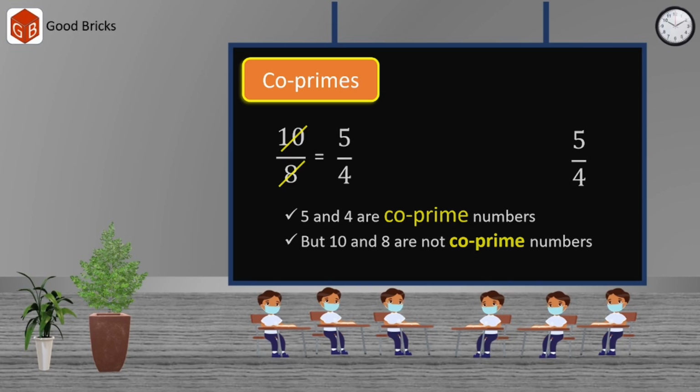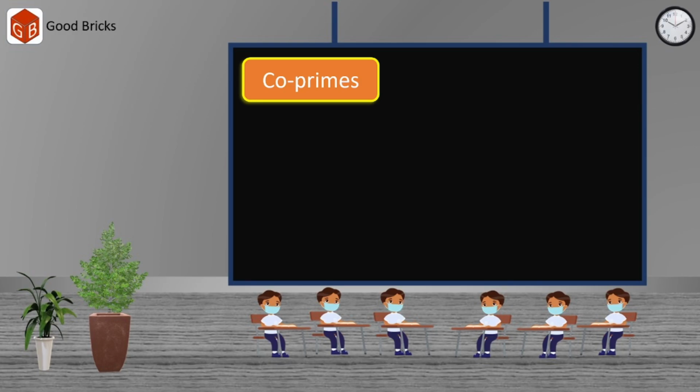Let us take one more example. See here, 6 by 9 can be divided by 1. Definitely both numerator and denominator can be divided by 1. But do you think there is any other number that can divide both numerator and denominator? Yes, 3 will divide. So 3 twos are 6, 3 threes are 9.